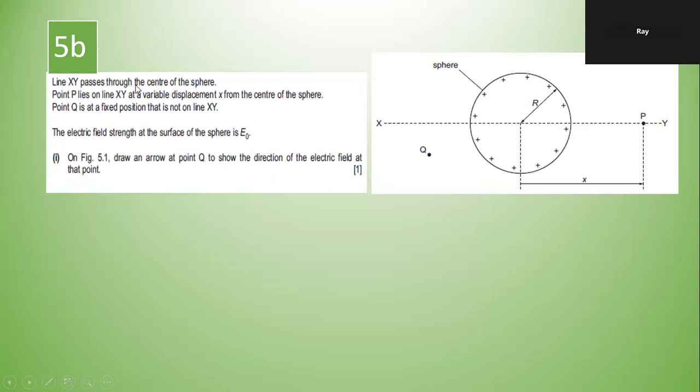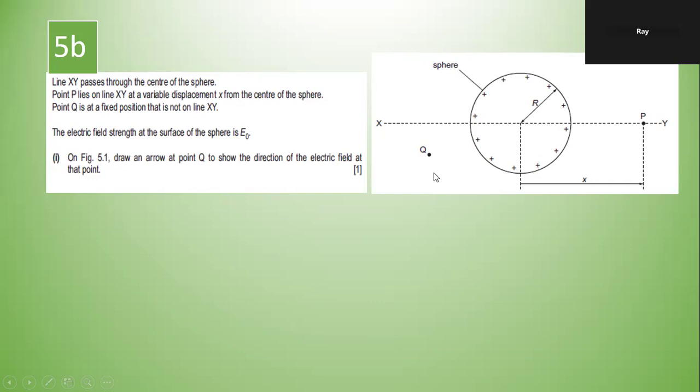Line XY passes through the center of the sphere. The center of the sphere is that one there. Point P lies on XY, and the variable displacement x is from the center of the sphere. Point Q is a fixed position that is not on the line XY.